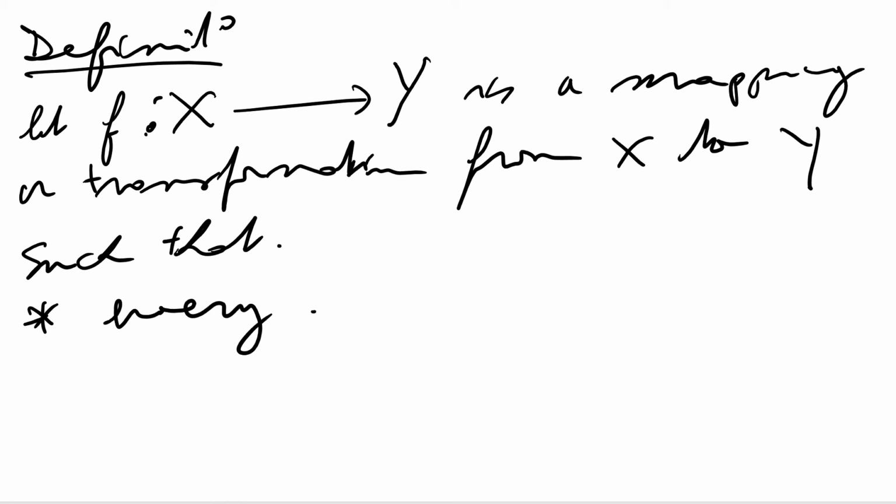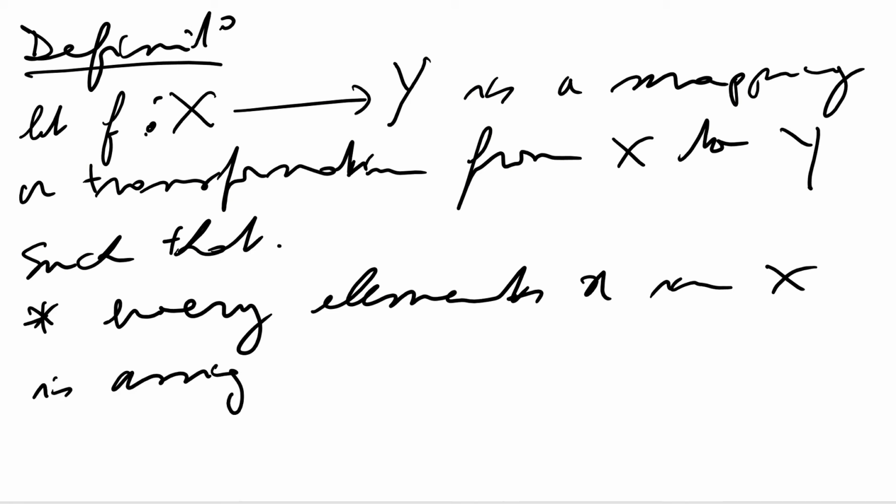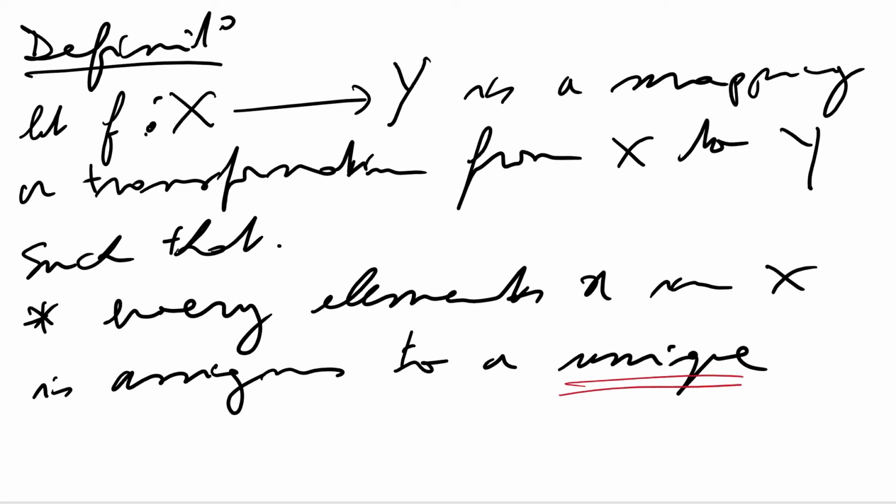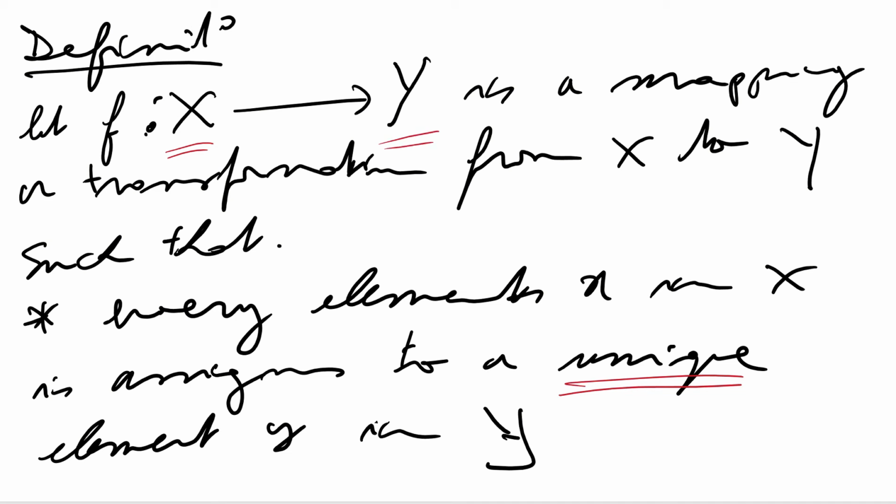every element x in X is assigned to a unique, this is very important, a unique element y in Y. So we are saying that every element in the domain is assigned to a unique element in Y, and every element in X must be assigned to something in Y. You have to understand this.